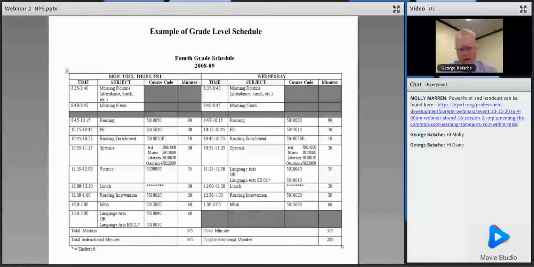If we have 11 transitions, the average amount of time that it takes for a student to re-engage an activity at the same level as they were engaged in with the previous activity in the elementary school is about 8 minutes. That's assuming it's not moving rooms.